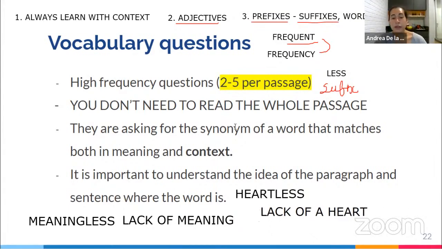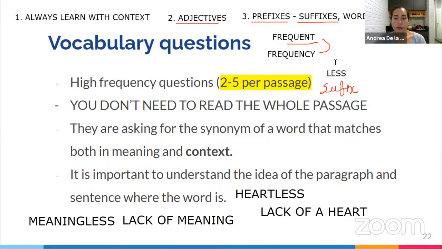We're not speaking literally, right? But somebody that's heartless is someone that is cold, as Henry says, or that lacks a heart. So basically, the suffix less refers to the lack of something, right? Meaningless, heartless, selfless. There are so many.